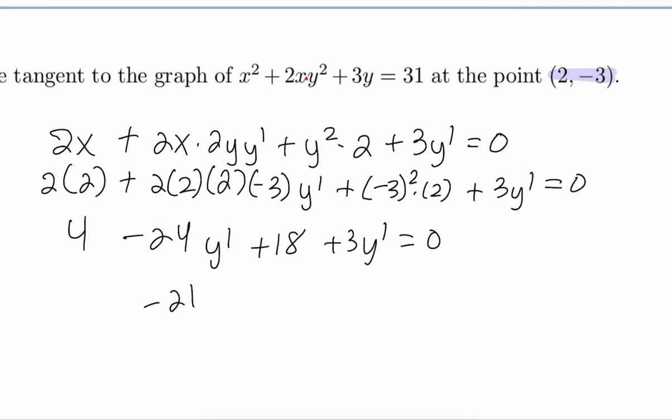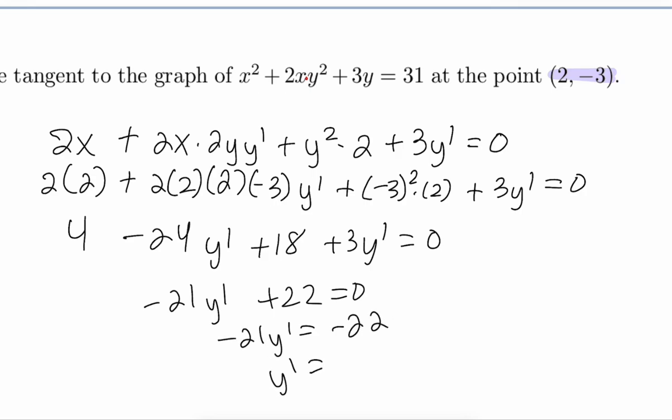So that's negative 21y prime plus 22 equals 0. So negative 21y prime equals negative 22. Y prime is negative 22 over negative 21, or 22 over 21, is the slope of our tangent line. Yay! Okay. Now, that's the hardest part.